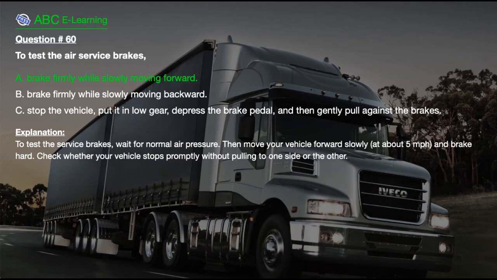The correct answer is A. Brake firmly while slowly moving forward. Explanation: To test the service brakes, wait for normal air pressure, then move your vehicle forward slowly, at about 5 mph, and brake hard. Check whether your vehicle stops promptly without pulling to one side or the other.